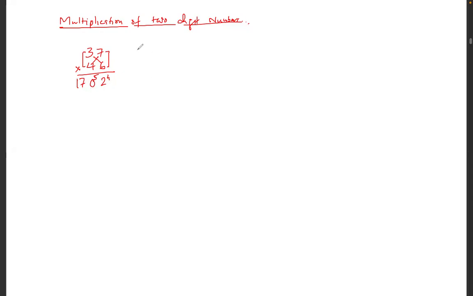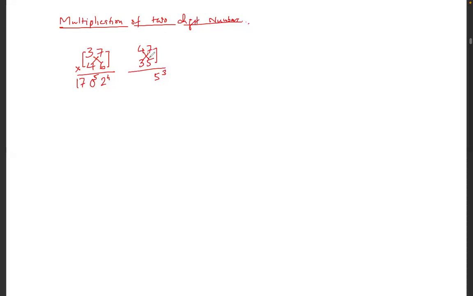Now, take another example. Let's say 47 multiplied by 35. What is the first step? Multiply 7 and 5. So 7 into 5 is 35. Write 5, carry 3. 5 fours are 20 and 7 threes are 21.